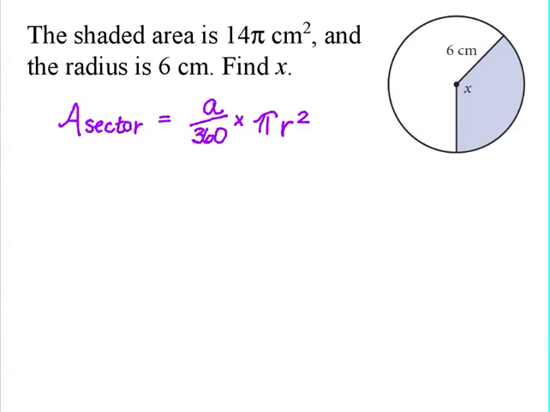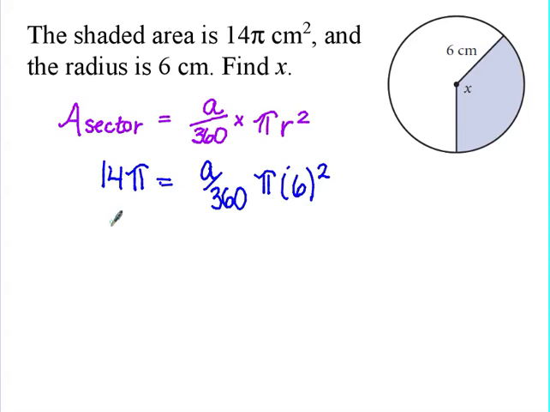We know the area of a sector is 14 pi. The angle I'm trying to find, so I'm going to leave that as A over 360. And I know the radius is 6. So now in looking at that, we have one variable, which is A. So here I get 14 pi equals A over 360 times pi times 36.